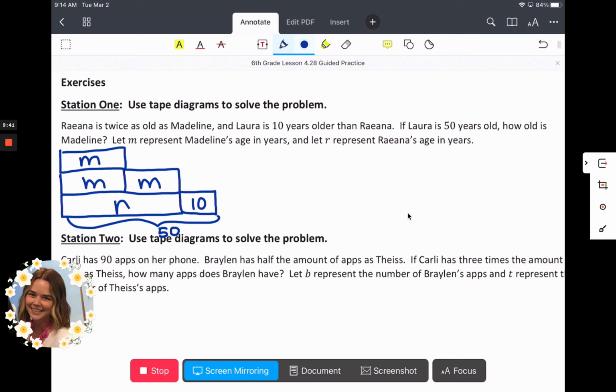So using this information, we need to figure out how old Madeline is. We're going to start with figuring out what Rihanna's age is. So R plus 10 equals 50. We subtract 10 from both sides. We're left with R equals 40. So Rihanna is 40.